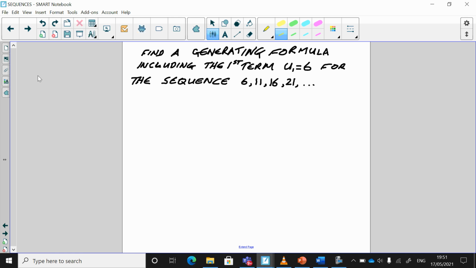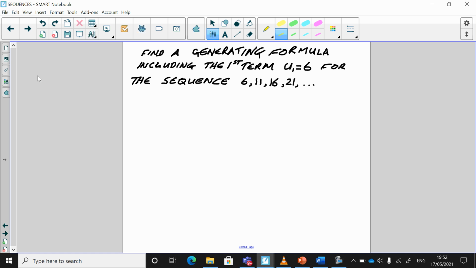Right, let's go and get a formula for this sequence here. It is very, very important to let you know what the first term is here. It's 6. I know you can see it's 6 in the bottom line, 6, 11, 16, 21. But the thing is, you can come up with the same formula for a different sequence.